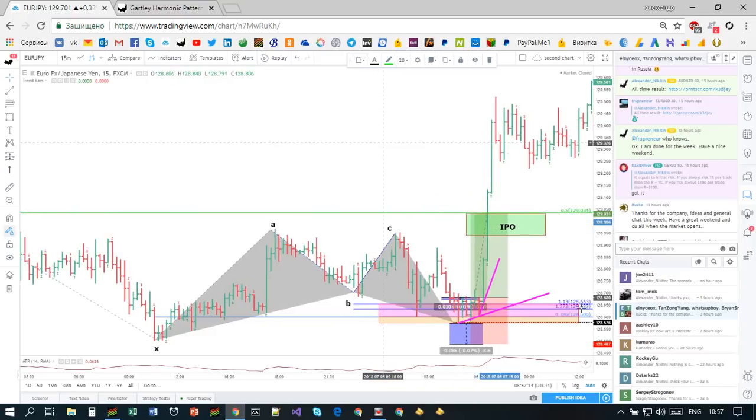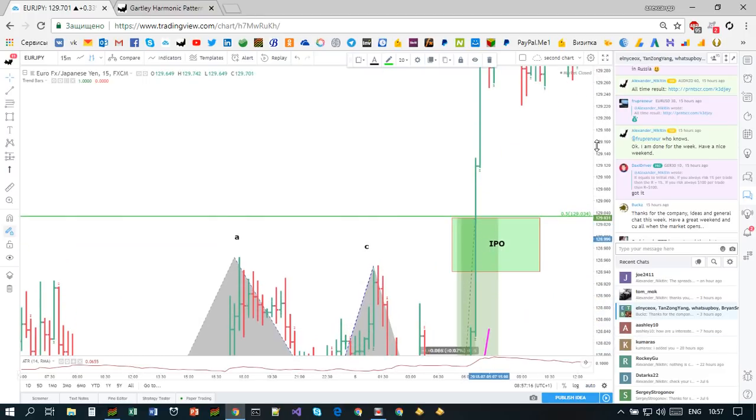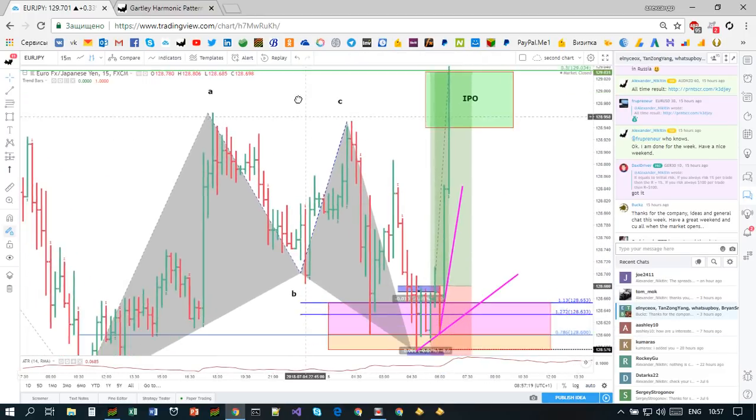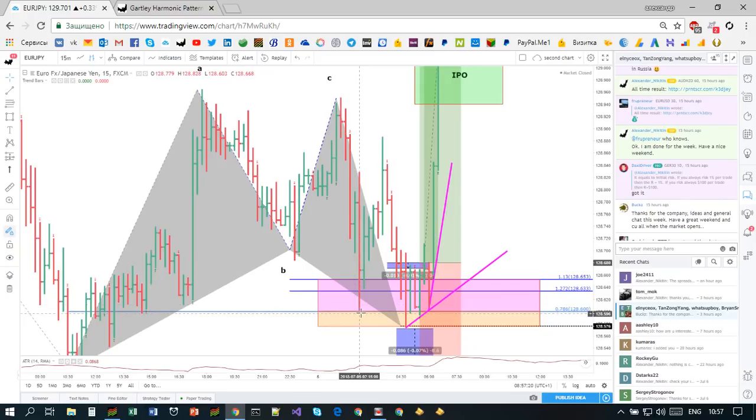You can also see that the pattern itself looks like the two completion pattern. We first had almost completed, then we bounced to the upside, and then we have a second completion, and we went to the upside.